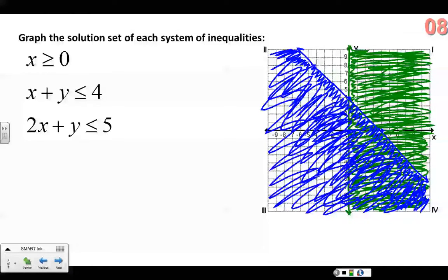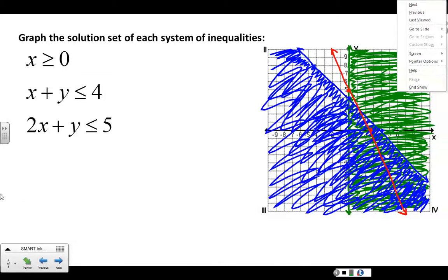Okay, and then lastly, I'm going to use the red to help me with this. 2x less than or equal to 5, so my x-intercept would be 2.5, and it's equal to as well. My y-intercept is 5. If I use the origin, 0, we'll shade on the side of the origin.